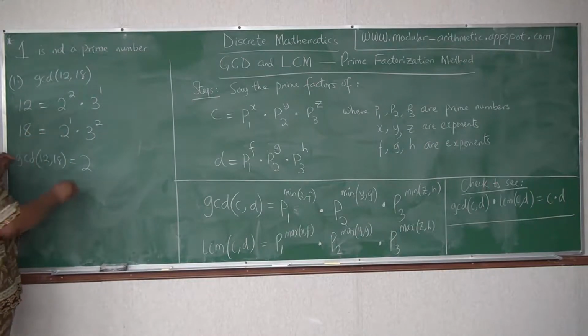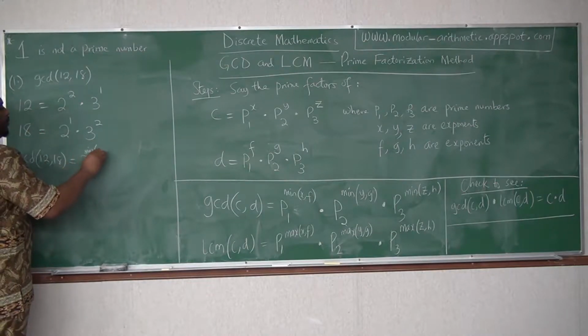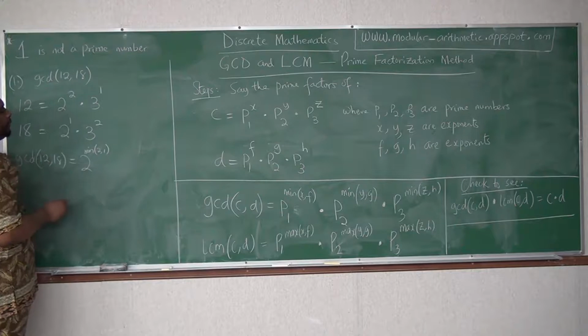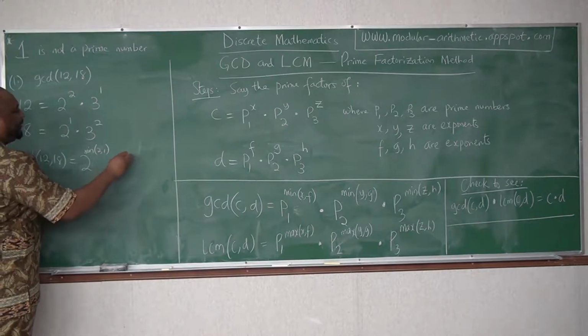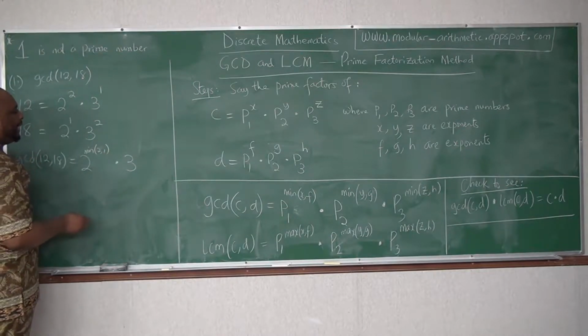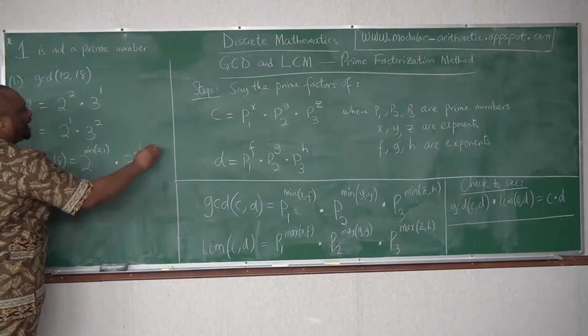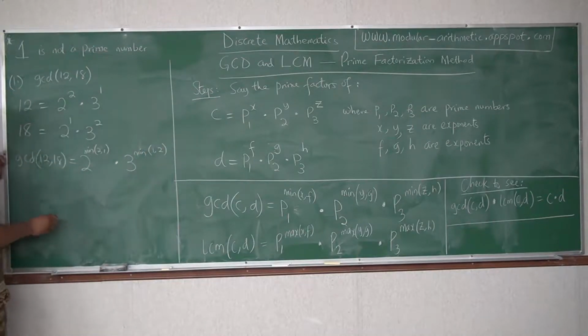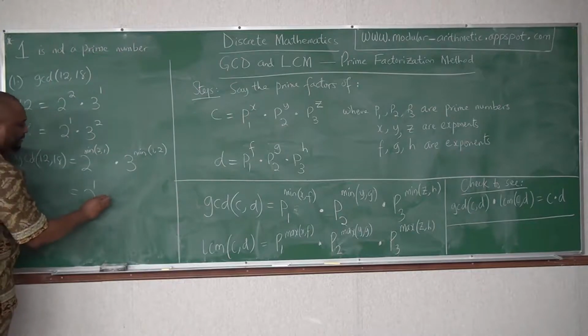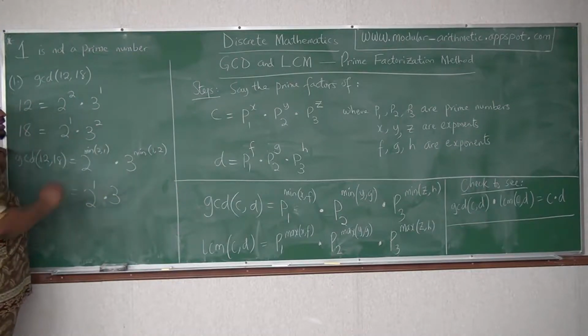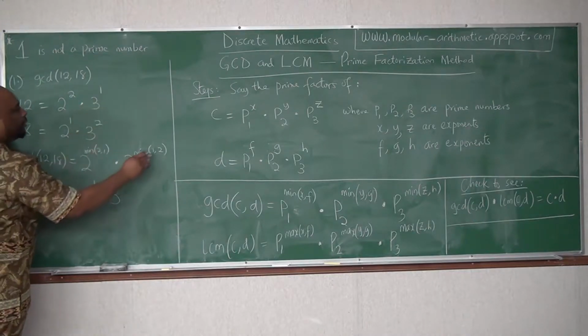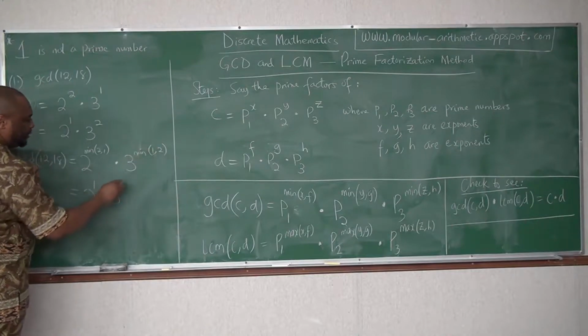We now say that the GCD of 12 and 18 is 2 raised to power minimum of 2 and 1, times 3 raised to power minimum of 1 and 2. What is the minimum of 2 and 1? It's 1. Times 3. What is the minimum of 1 and 2? It's 1.